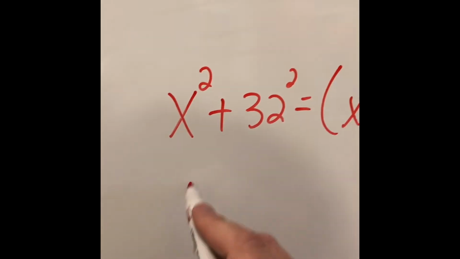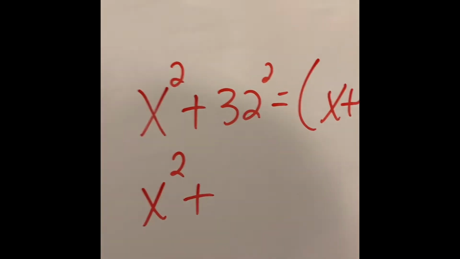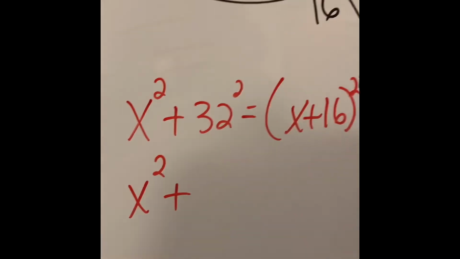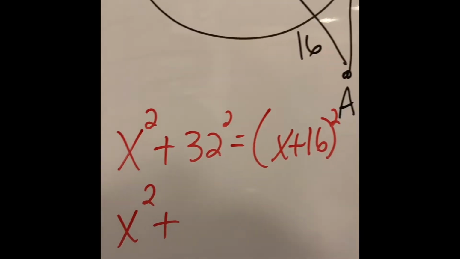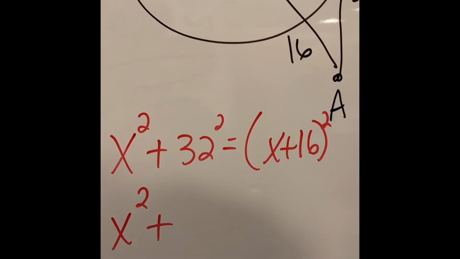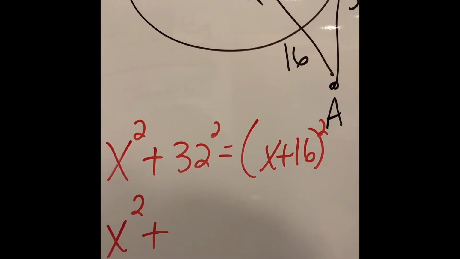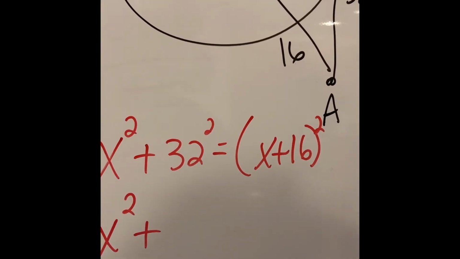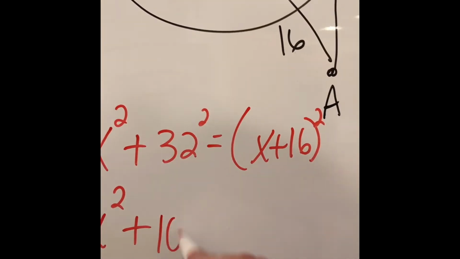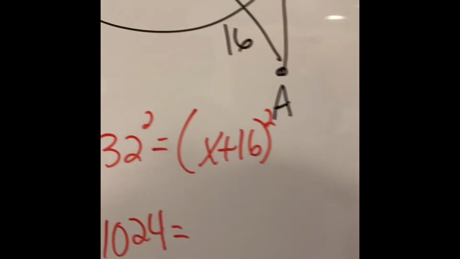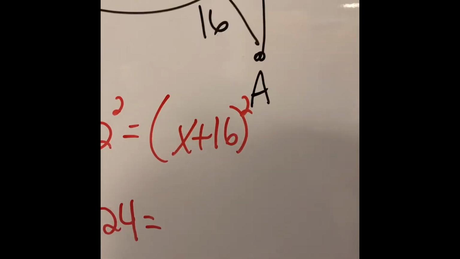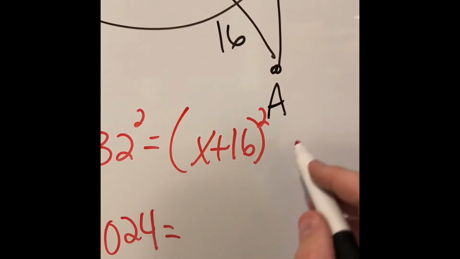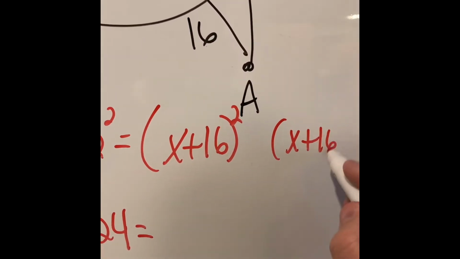Okay, so this is x squared plus 32 times 32. I forget what that is. 32 times 32, 64, 1024. And that equals, so we have here, you're actually going to have to FOIL this.